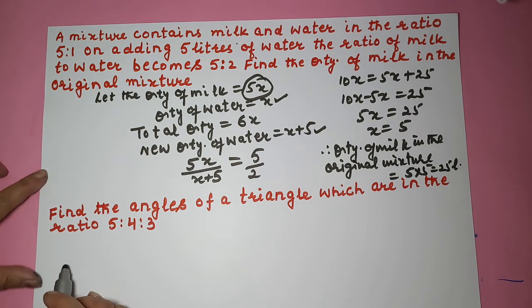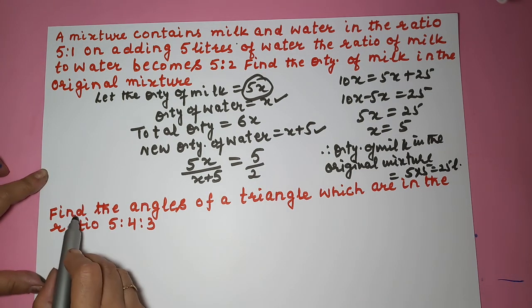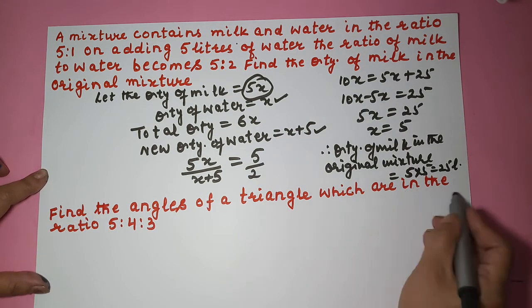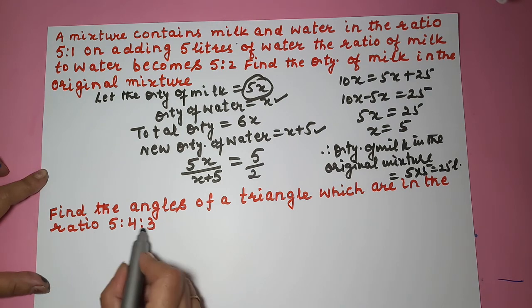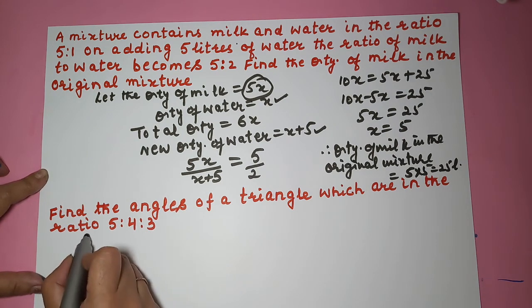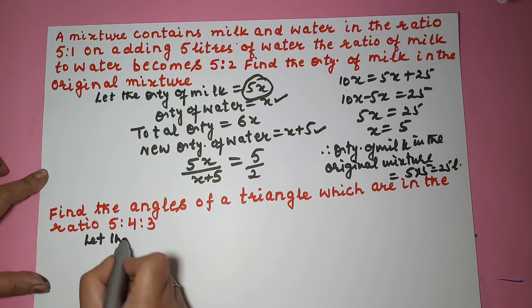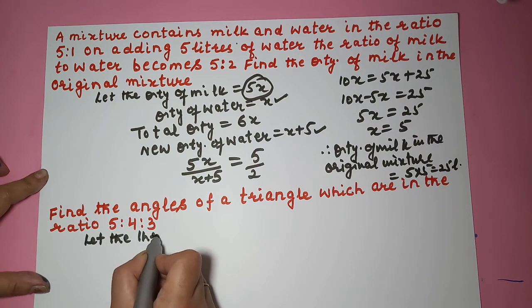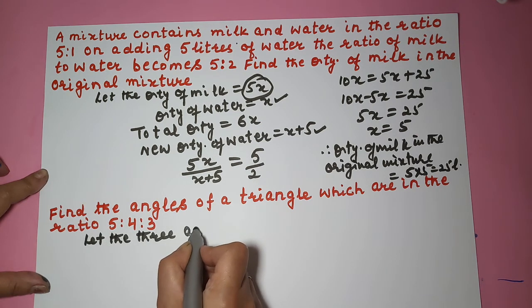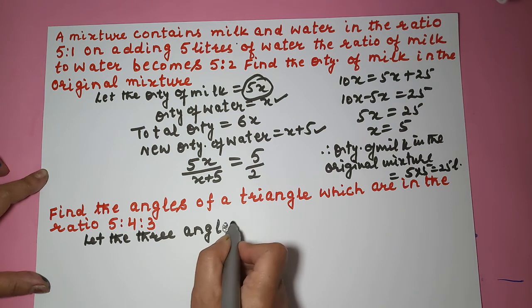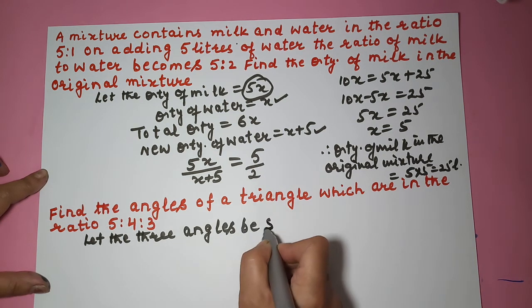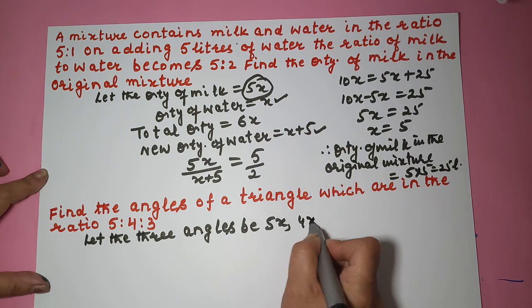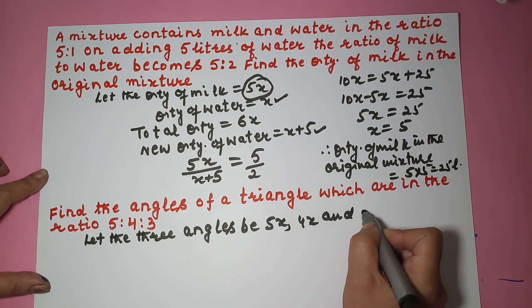Okay. Now the next one, he's saying that find the angles of a triangle which are in the ratio 5:4:3. So what will we do? We'll say let the three angles be 5x, 4x and 3x.